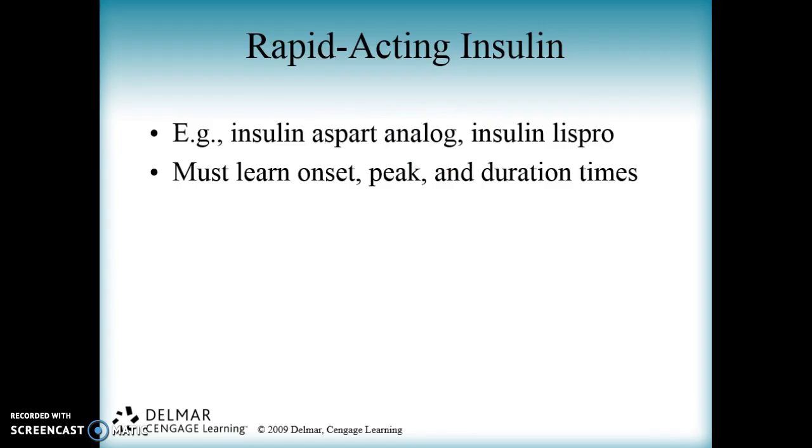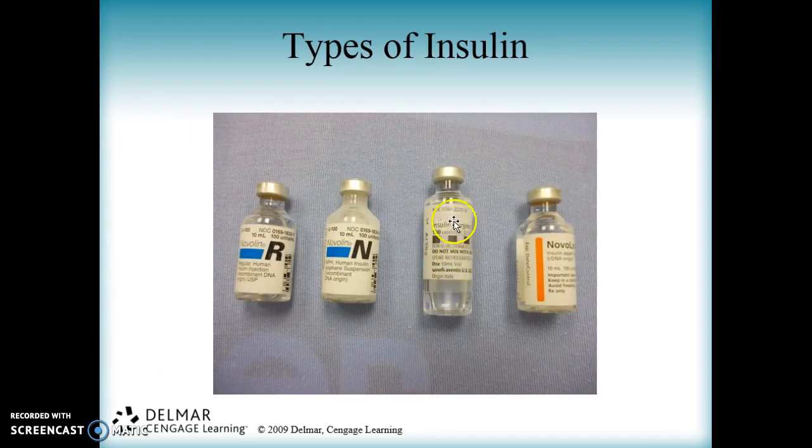In our example, the long-acting one was Lantus, the insulin glargine. Most of them have different times, and there are a lot of things that go into determining what type of insulin a doctor is going to prescribe.